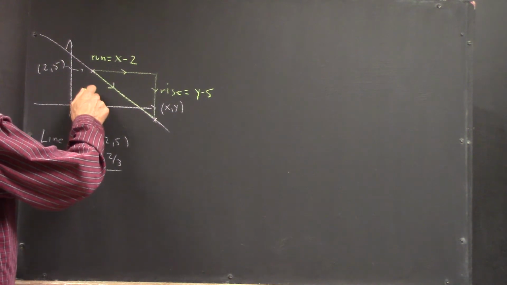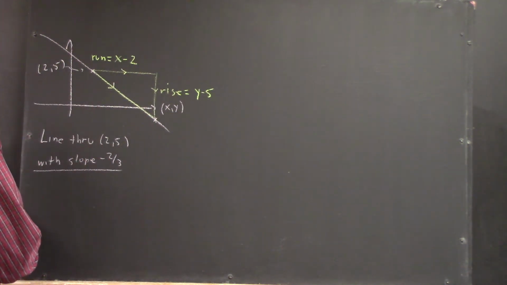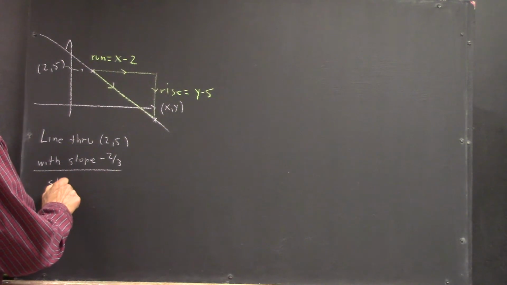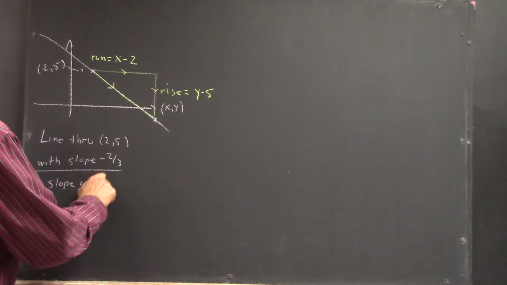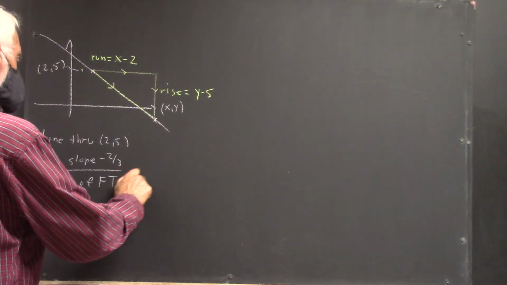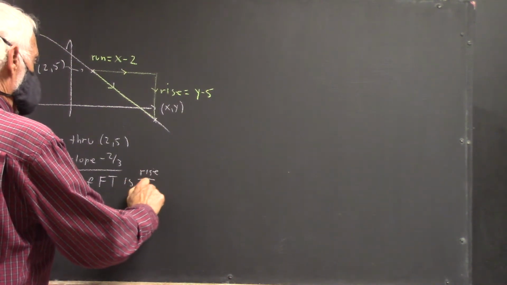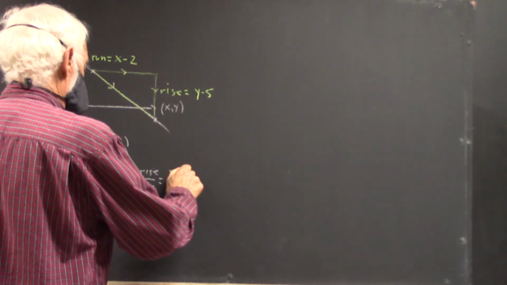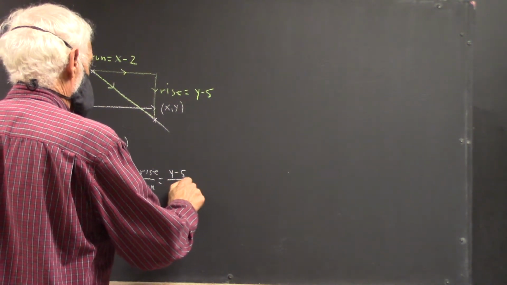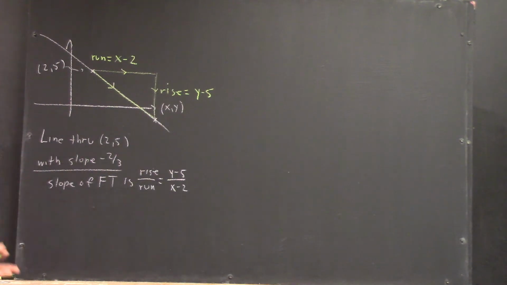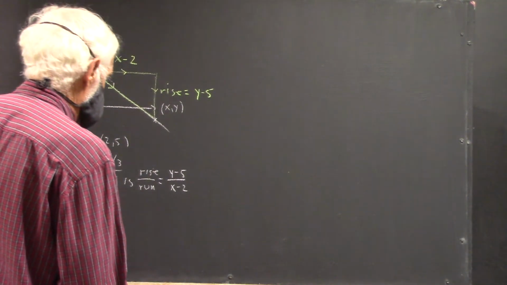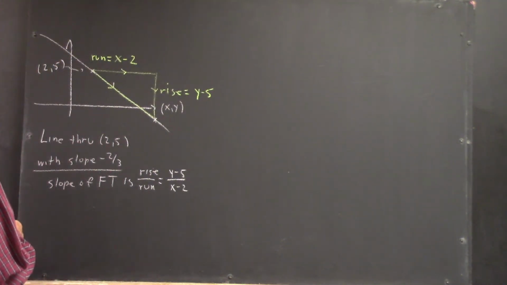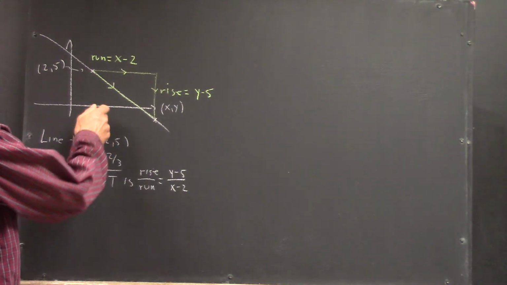So the slope is the rise over the run, okay? So we label it up here.